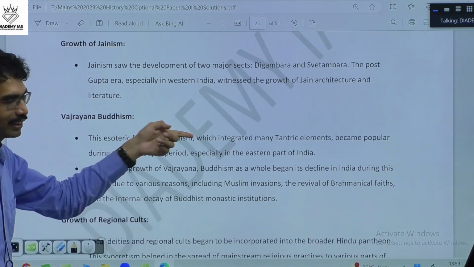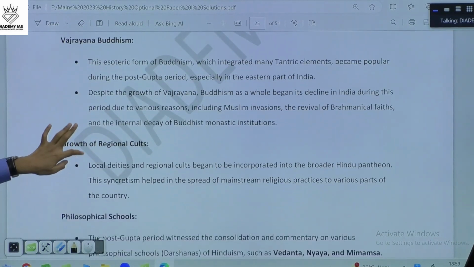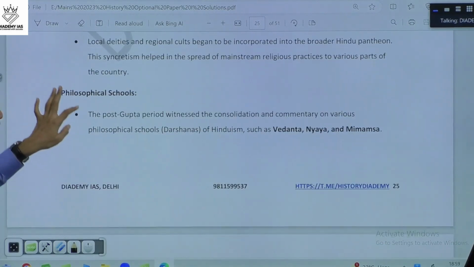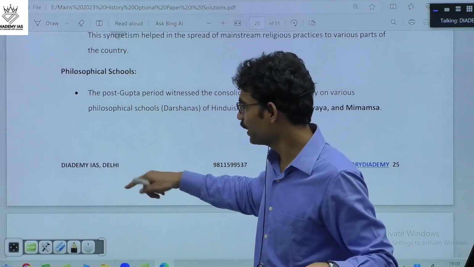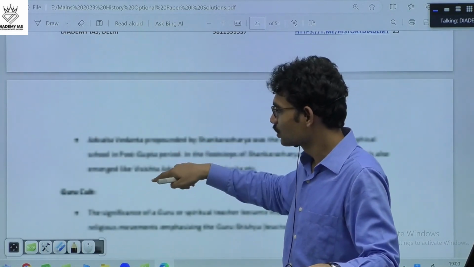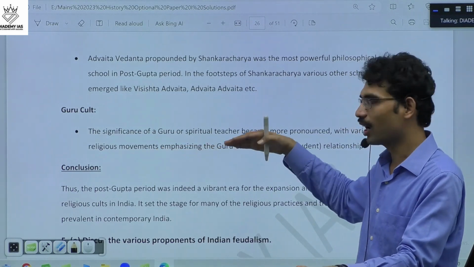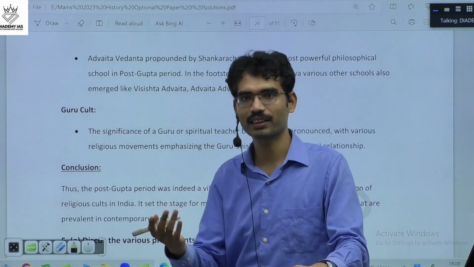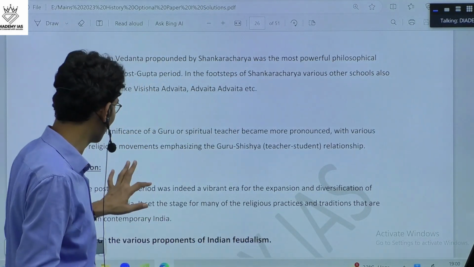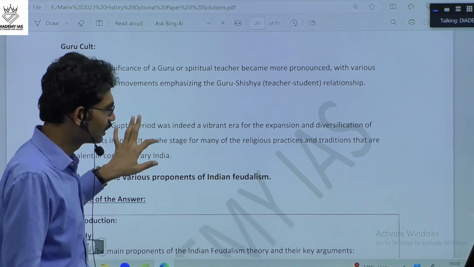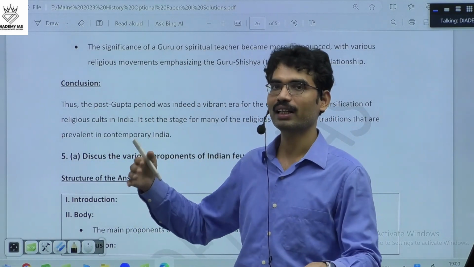When it comes to Buddhism, Vajrayana Buddhism. So growth of religious cults, local, and different philosophical schools also emerged. By this time period, now you see so many religious cults, guru cults also, the Acharya tradition, Shankaracharya, Madhavacharya, likewise. So the Acharya tradition also emerged. So many religious cults emerged by the early medieval time period.